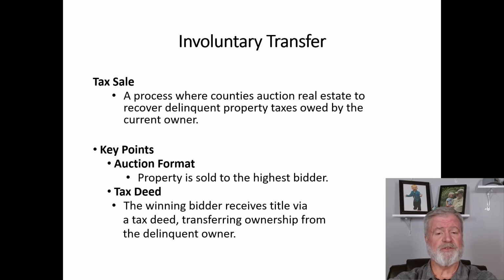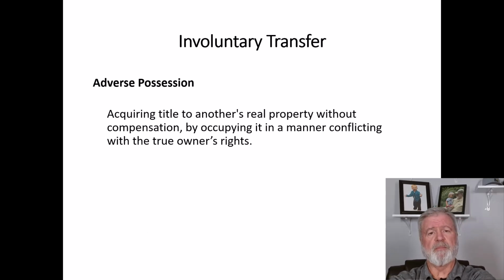You're going to get a tax deed. It says the winning bidder will receive title via tax deed, which transfers ownership from the delinquent owner. I will tell you, there are some limitations on what you can do with that property with a tax deed. So, not going to get any deeper than that right now. Again, main thing to know is, tax sale is another way you could involuntarily transfer property.